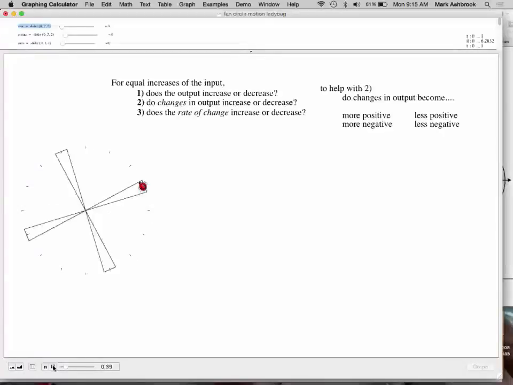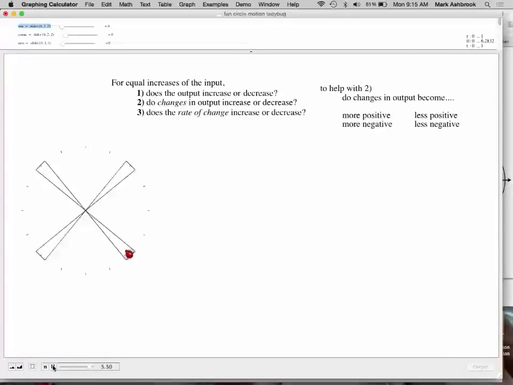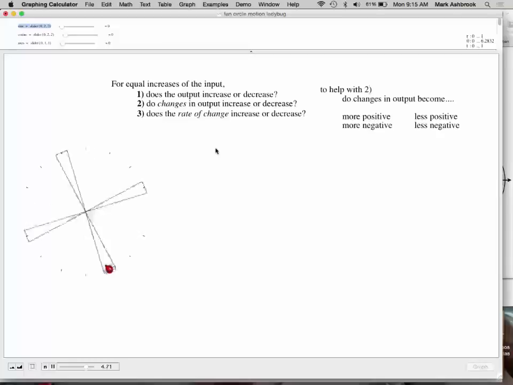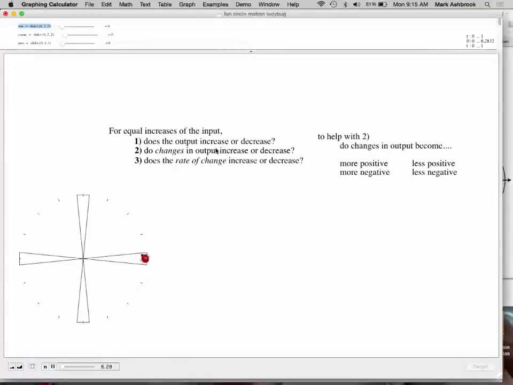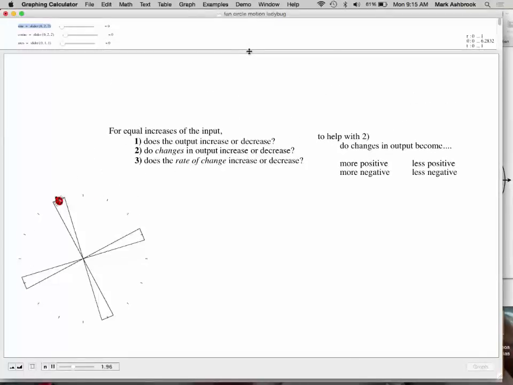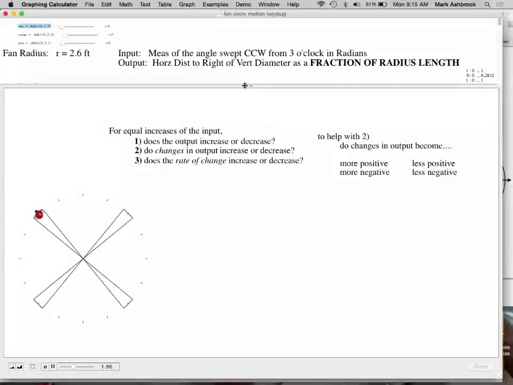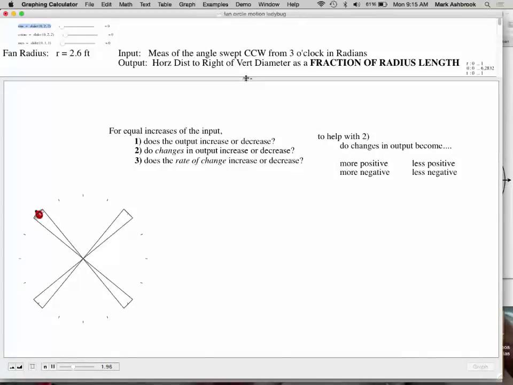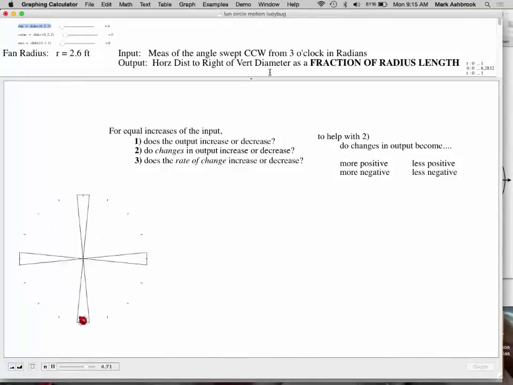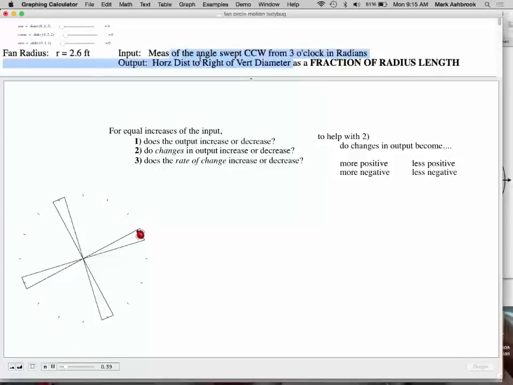Are those changes really increasing or decreasing? So we want to ask, do those changes in output become more or less positive or more or less negative in any given situation? So we're going to start with the vertical distance.